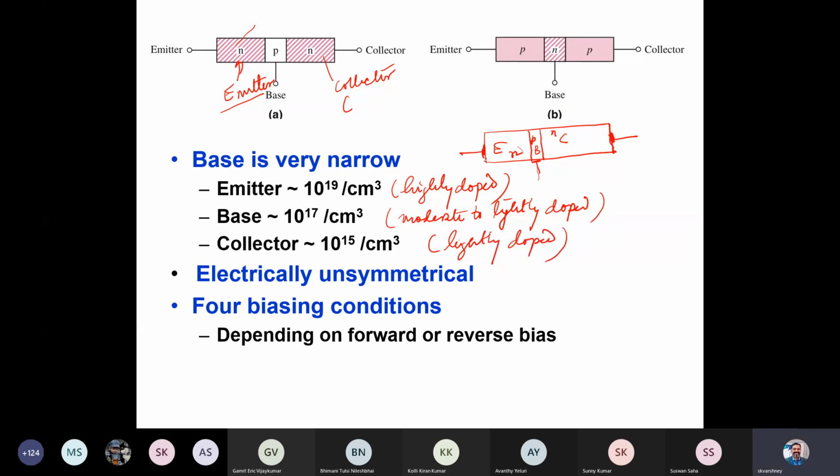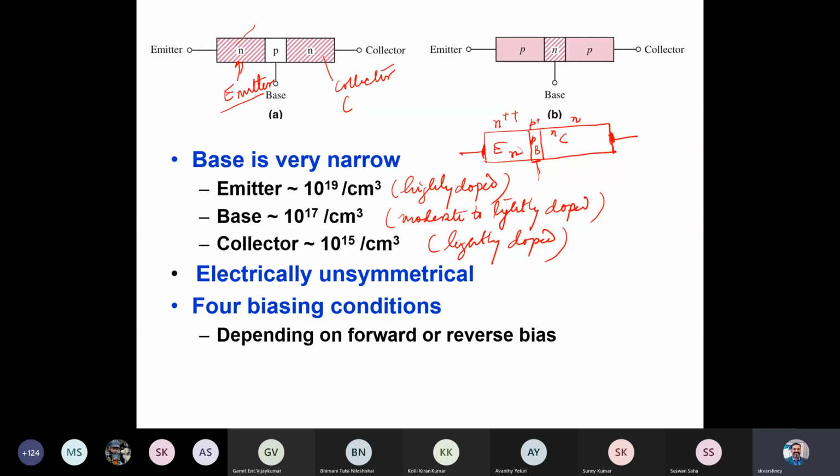It's electrically unsymmetrical, because in the emitter you have a large number of electrons, so it's something like n plus plus. If you take this as p and this as n, maybe p plus. The double plus sign means highly doped.